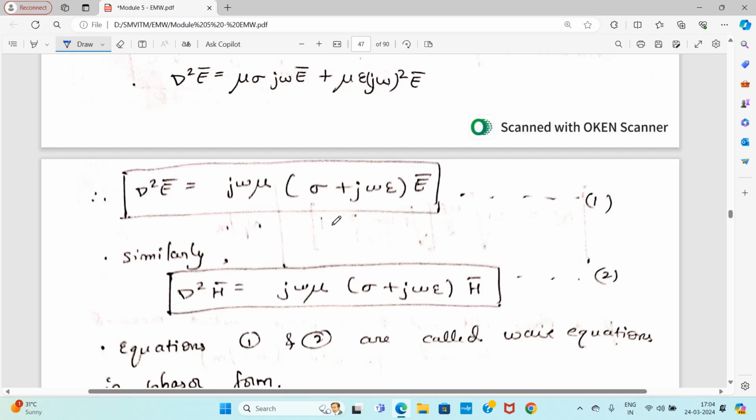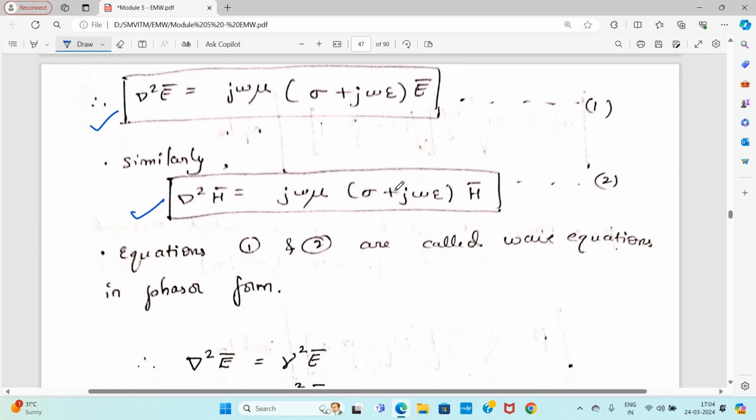Please remember these two equations, ∇²E and ∇²H: jωμ, jωμ, σ plus jωε, σ plus jωε. Only thing that changes is E and H. This is very important. It is written as jωμ into (σ plus jωε). And now they are comparing this with another equation.